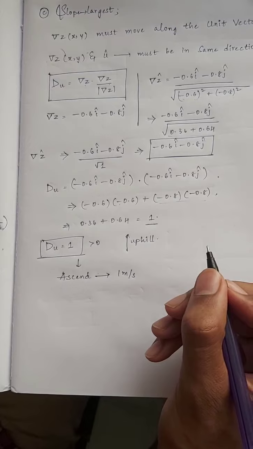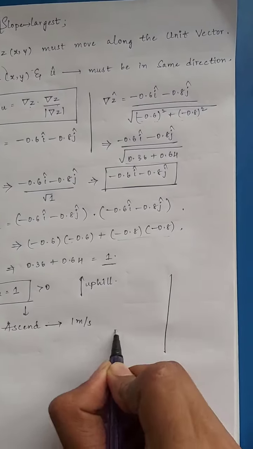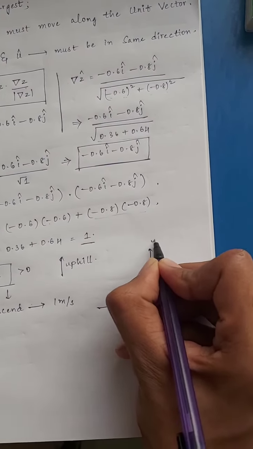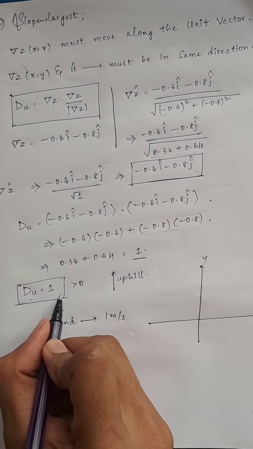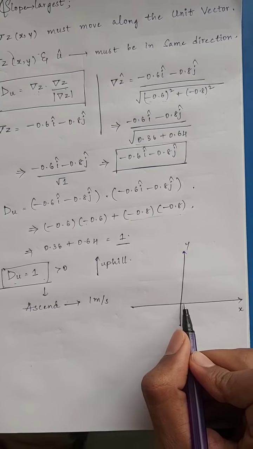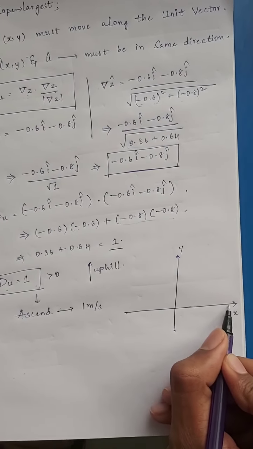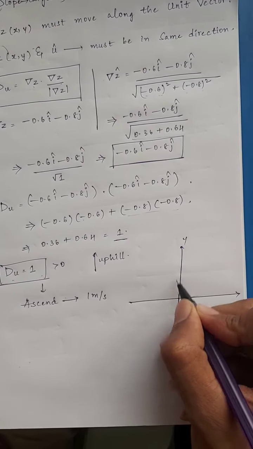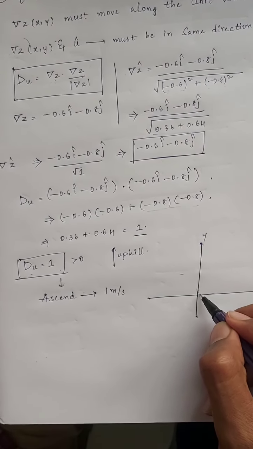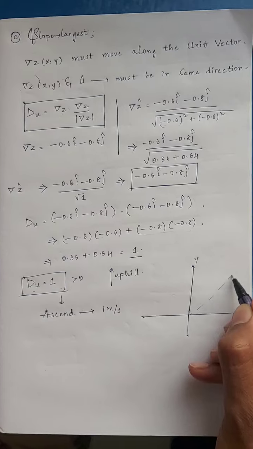So in order to find the slope here, let us draw the axis. This is the y-axis, this is the x-axis. Since the directional derivative is equal to 1, the rate of change of the function along the x direction is equal to the rate of change of function along the y direction. So it would be something like this.